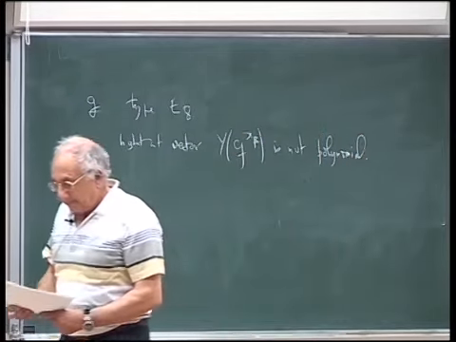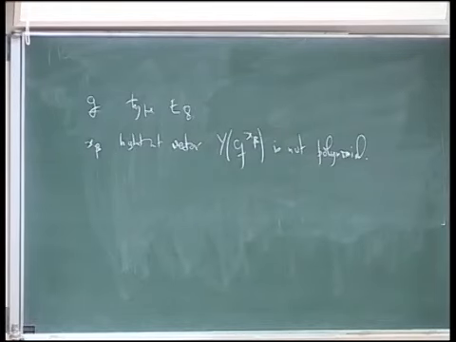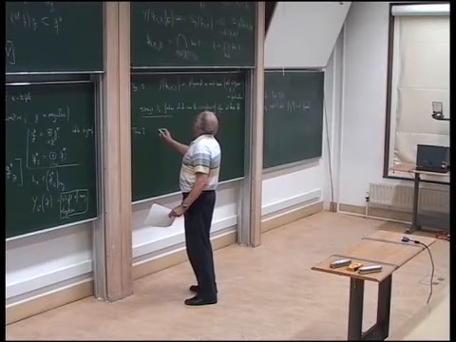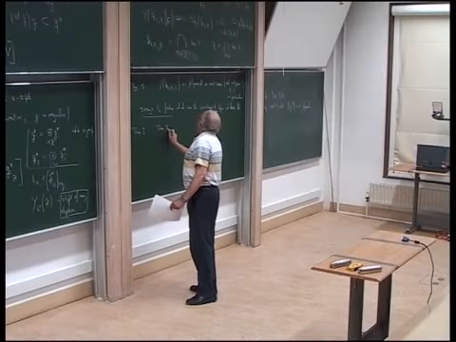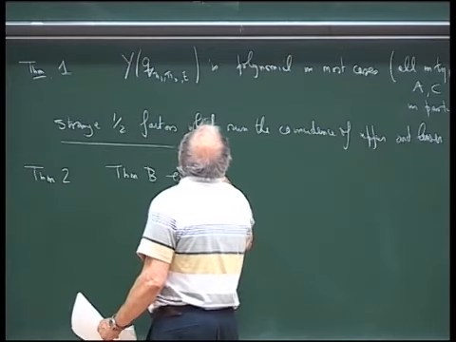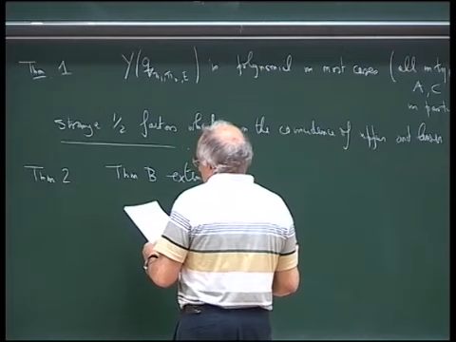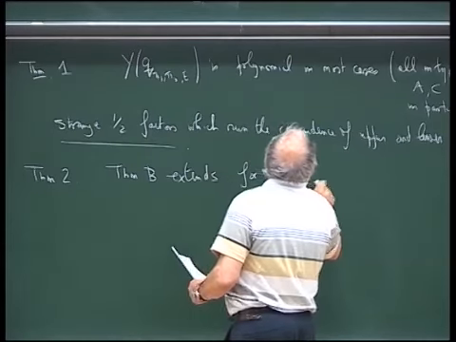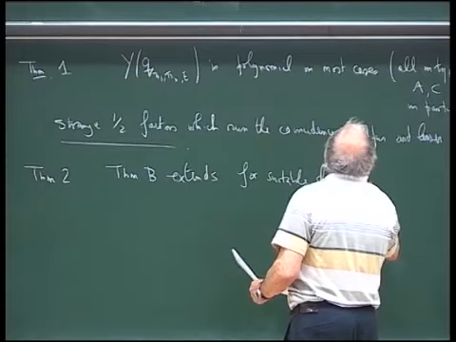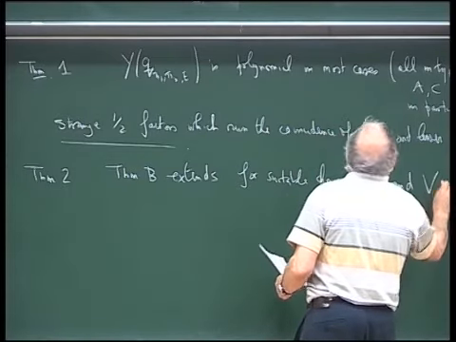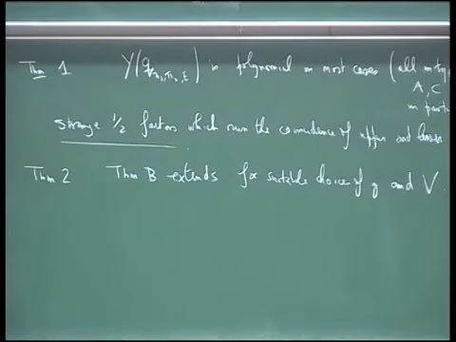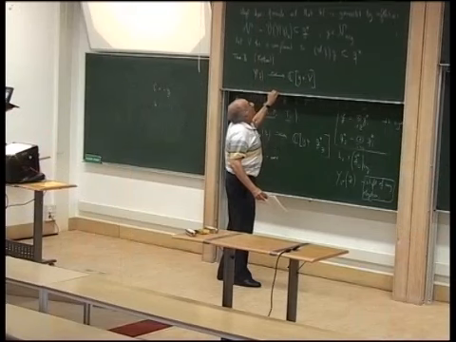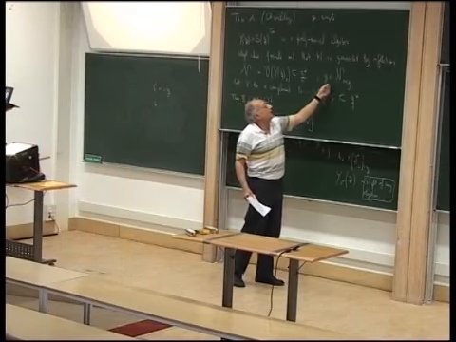But that's what we have. So theorem 2 is that theorem B extends for suitable choices of Y and V. In theorem B, we had some choices of Y and V which didn't have to be specified terribly precisely.